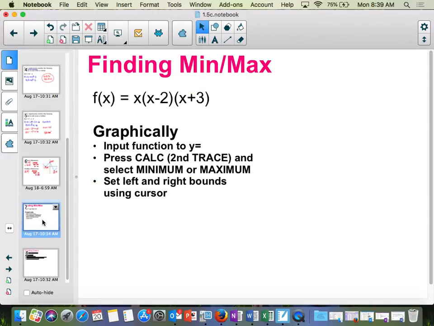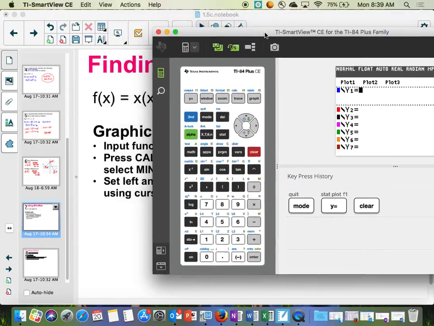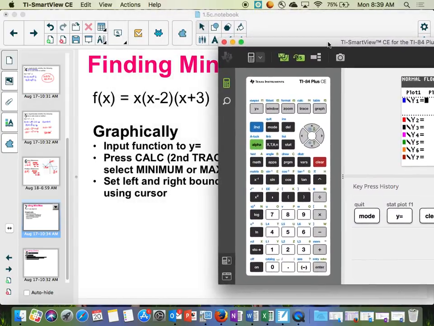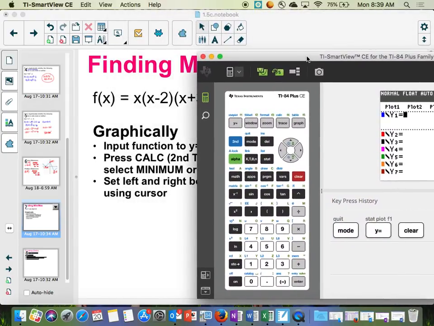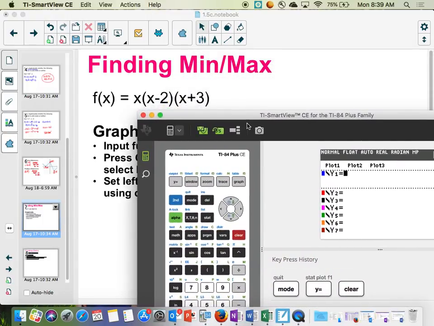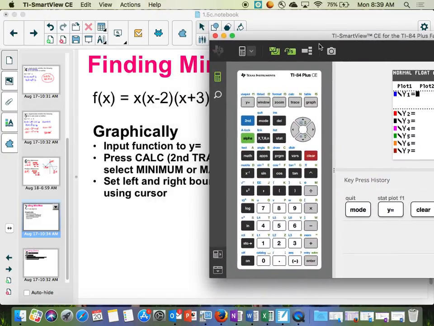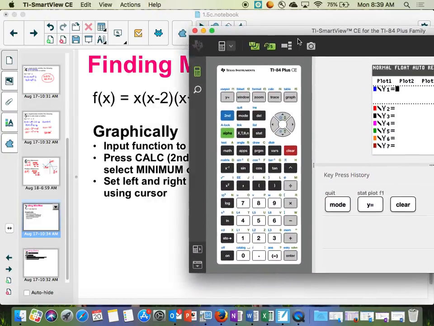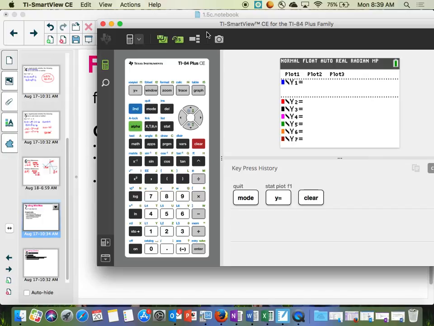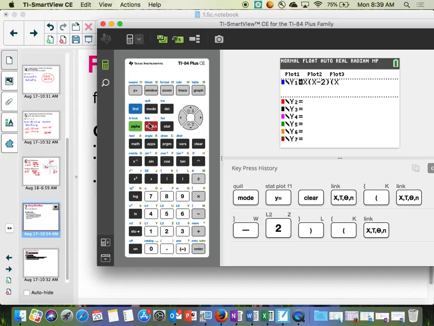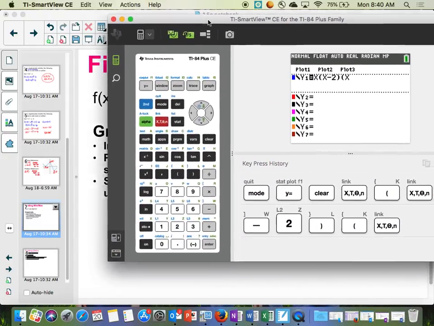Okay, so this is the function that we're going to graph. What you need to do is just type in x times x minus 2 times x plus 3. Hold on. Let me just get it typed in so you can see it.